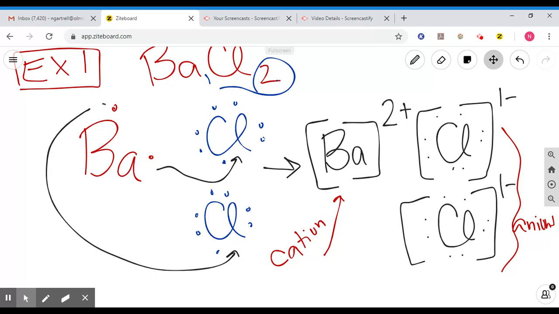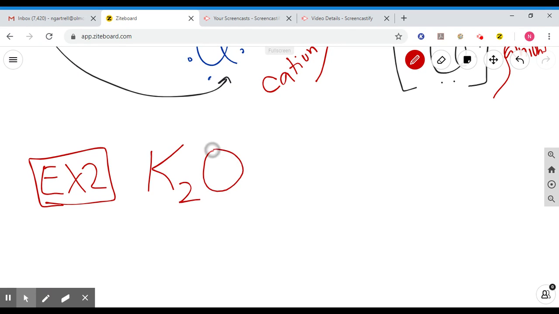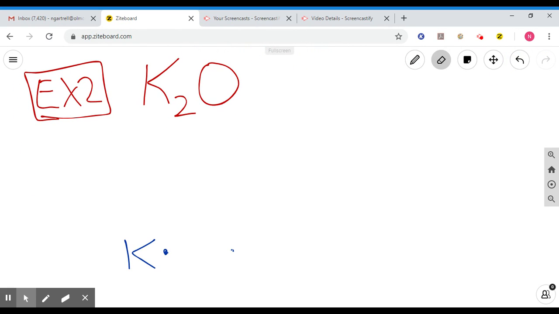All right, example 2. Let me erase this. This is from a previous problem. All right, in example 2, let's do K2O, potassium oxide. So for potassium oxide, the formula is K2O. So the 2 indicates that we have how many potassiums? 2. So how many times are you going to draw K?